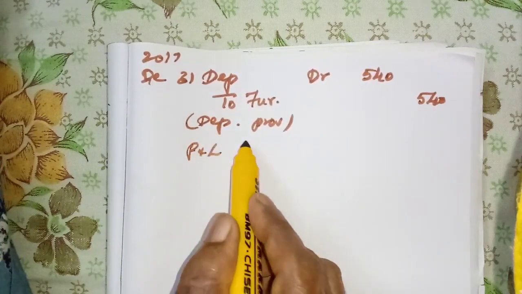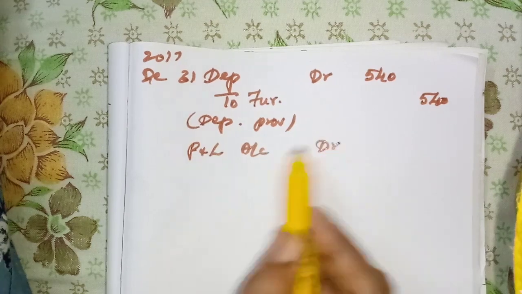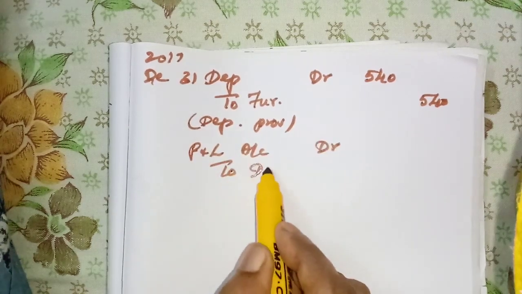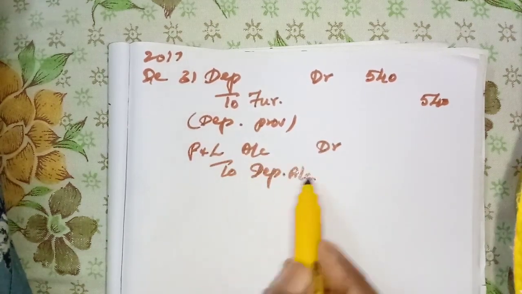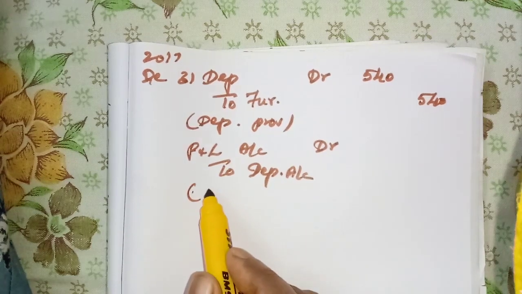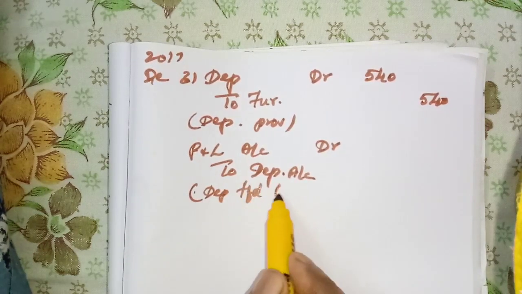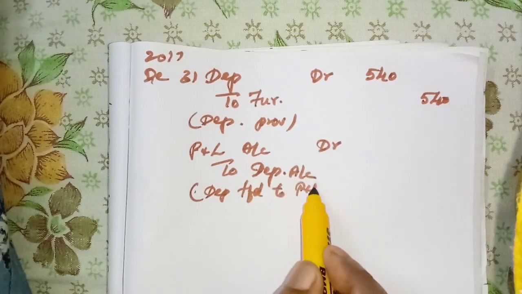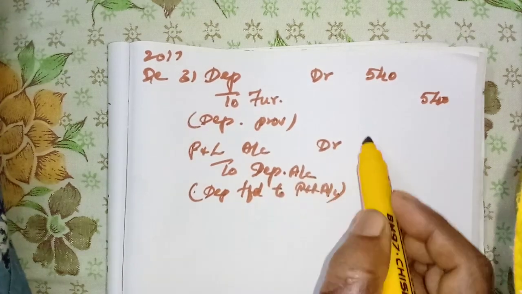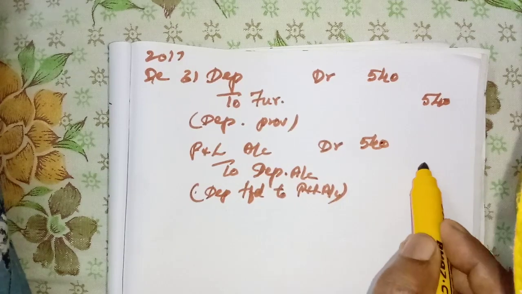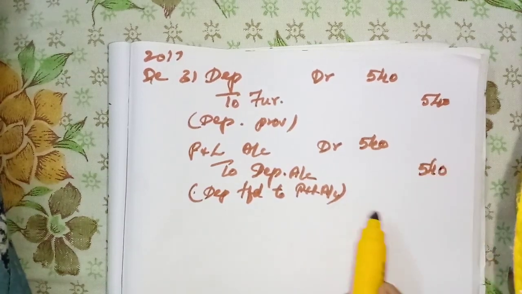Profit and loss account debtor, depreciation account. Okay, depreciation transferred to profit and loss account 540. Only for 2 years they have asked. Okay, over.